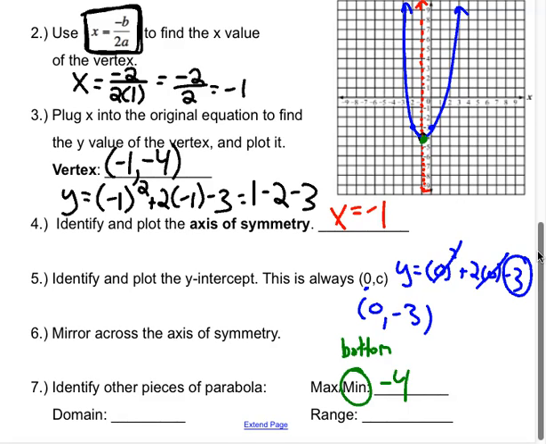Remember, we take the y value of the vertex. The domain is all real numbers, or again, you can use that fancy R. And the range uses that minimum value from the vertex. Where are all of my y values? Well, all my y values are above it, so greater than or equal to -4.